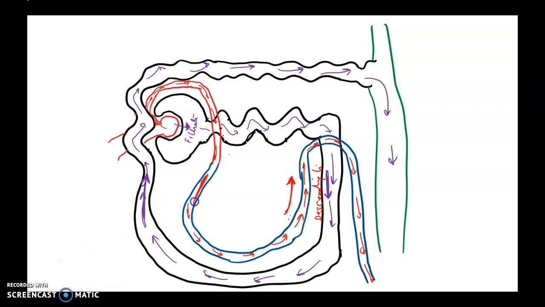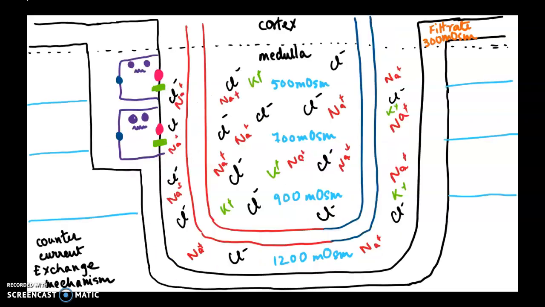The filtrate is moving in one direction and the blood is flowing in the opposite direction. Keep that in mind. Since they're moving in different directions, there is good exchange, and we will look into it in our next slide.